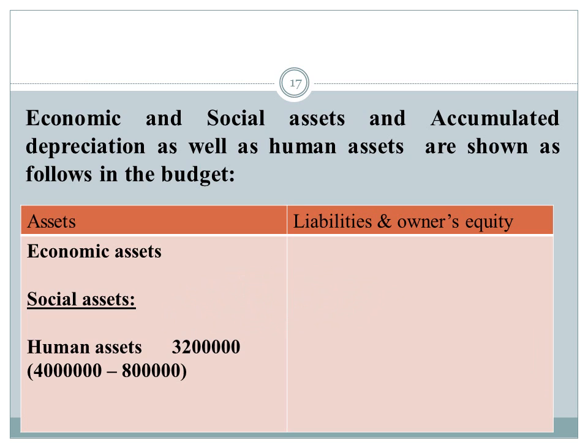First year, human assets will appear 3,200,000 because the cost of acquisition 4 million minus depreciation for the first year only 800,000. So human assets 3,200,000.